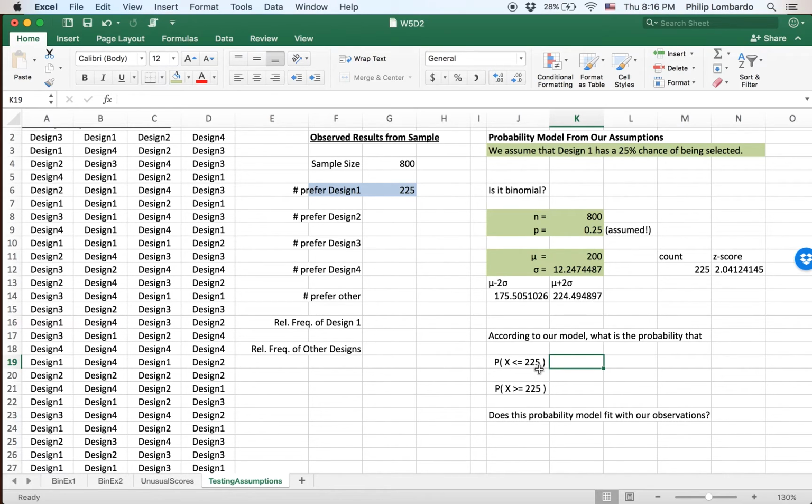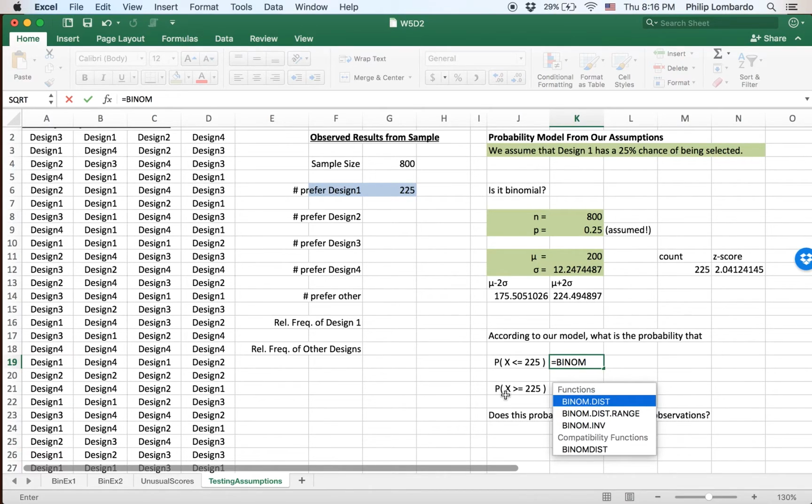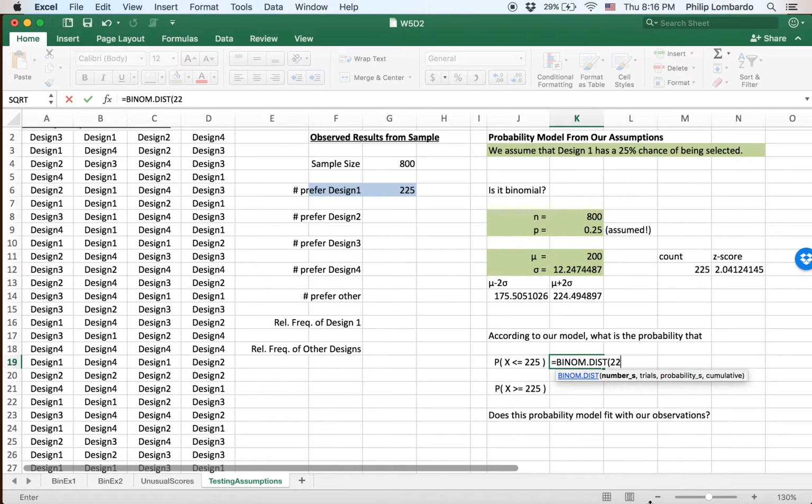Okay. If this count of 225 is unusually low, what would happen is if we compute the probability that our x value is 225 or below, this would be a very small probability. Now we can do this with our binom.dist function. The count we're using here is 225.